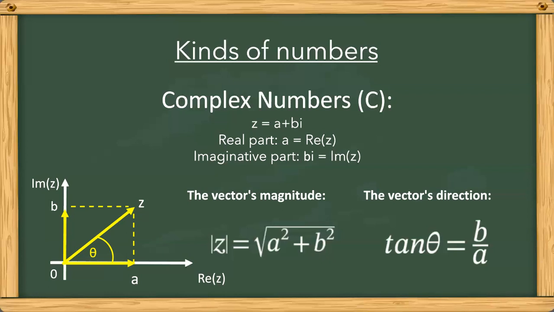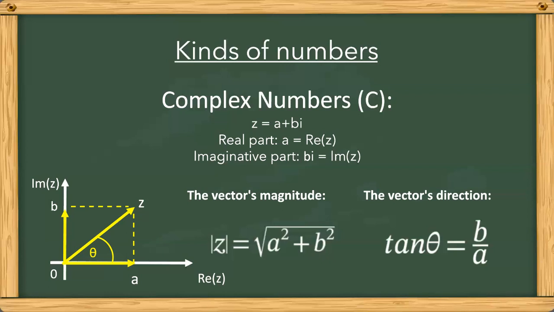One component on the horizontal axis and one component on the vertical axis. Here the horizontal axis is the axis of real numbers, and the vertical axis, perpendicular to the horizontal axis, is the axis of imaginary numbers.